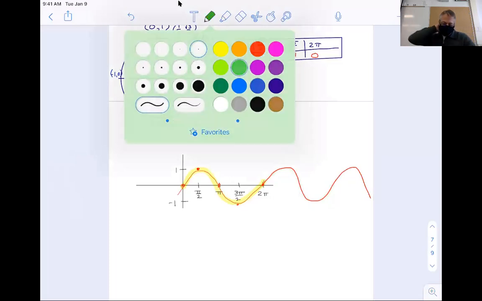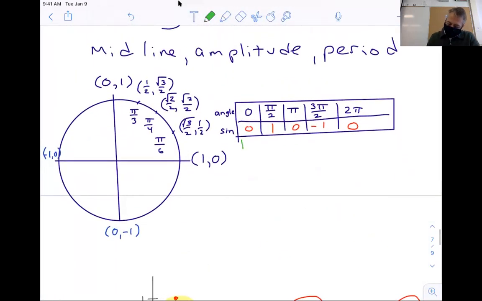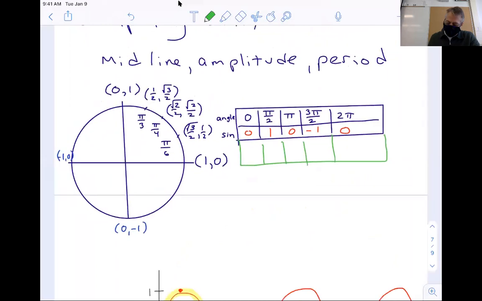All right, well, we probably shouldn't leave the cosine out. So I'm going to go back and I'm just going to add to this chart, and I'm going to make the cosine. Remember, the cosine are the x values.